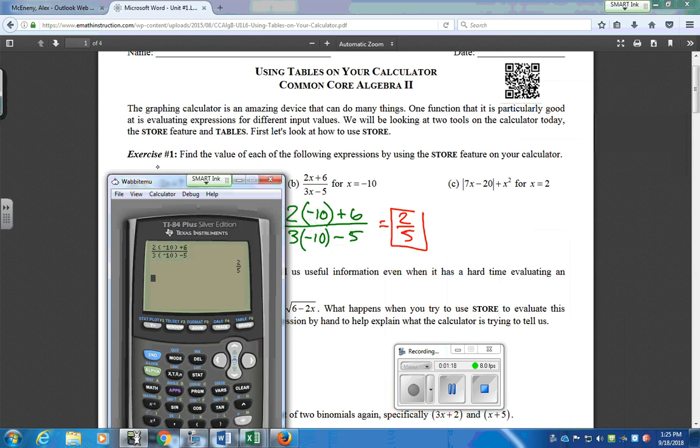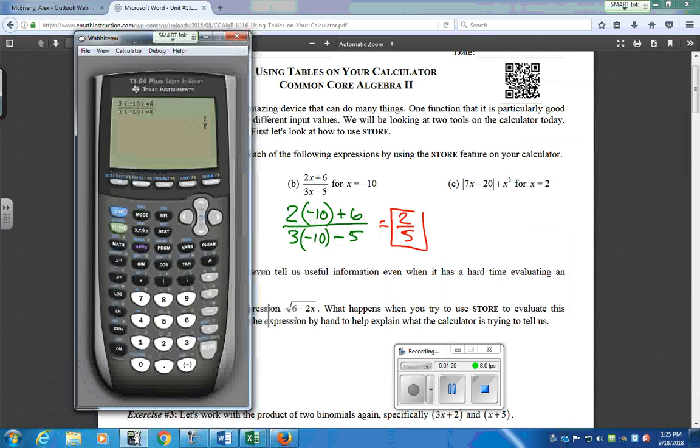For C, we have the absolute value. So we'll talk about how to get that in a second. You got 7 parentheses 2 minus 20 plus 2 squared. So I write that x with 2 there. So I'm going to throw that in. First I'm going to do math.